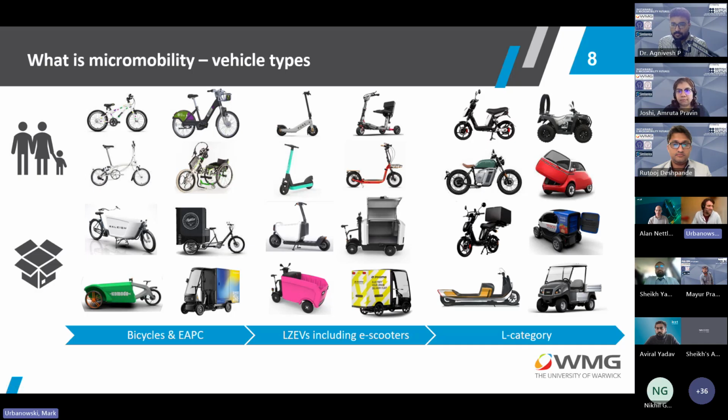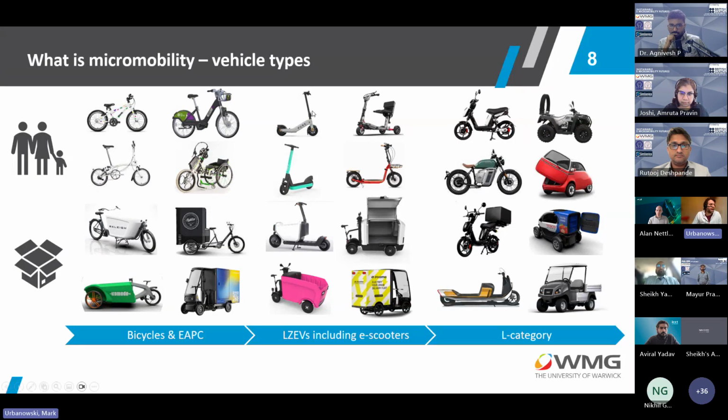In the middle, what we've got here are, I think, potentially what some people are calling micromobility, and this is a new class of vehicle that doesn't fit into the L category motorcycle and doesn't fit into the bicycle or electric bike category. These include vehicles like e-scooters, but also similar vehicles which might be for goods delivery, might be taxis, might be specifically developed for a disabled user.